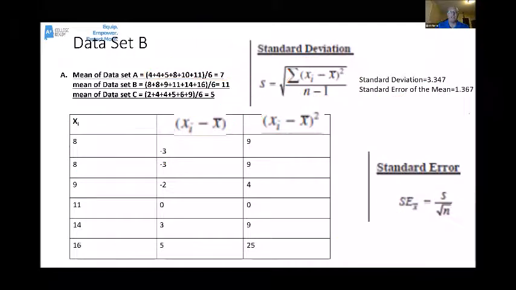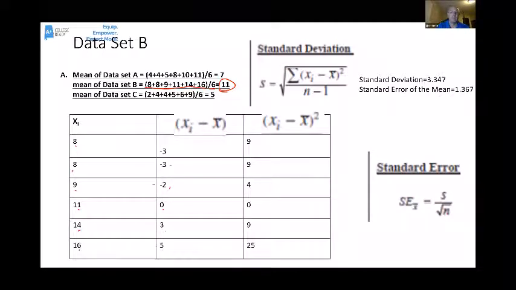Now here's my B sample. Let's make sure I didn't make any crazy typos on this one. So I added up my data, divided by 6 to get a mean of 11. Here I went 8 minus 11 to get -3, 8 minus 11 to get -3, 9 minus 11 to get -2, 11 minus 11 to get 0, 14 minus 11 to get 3, and 16 minus 11 to get 5.